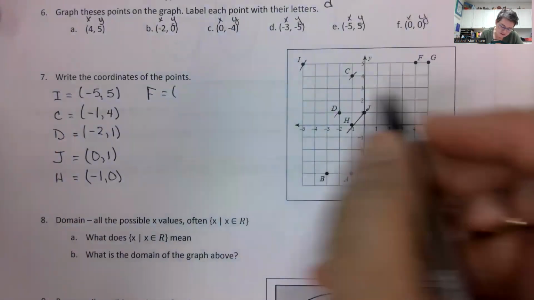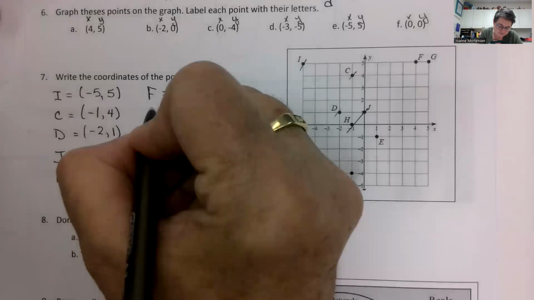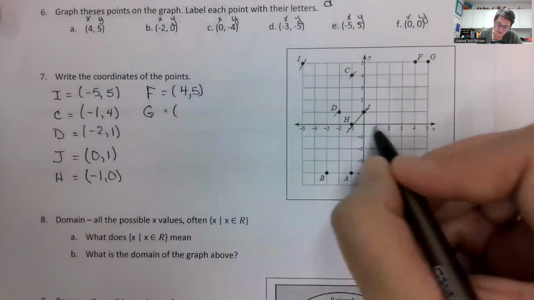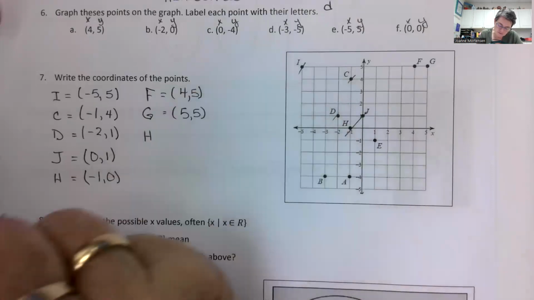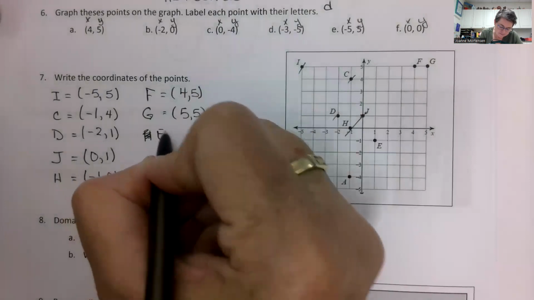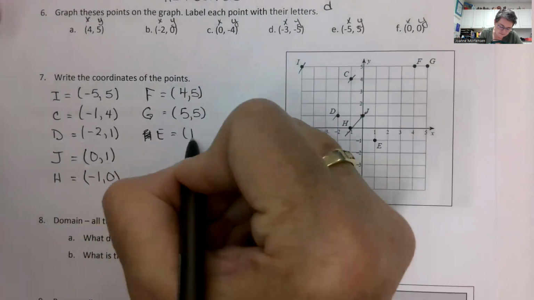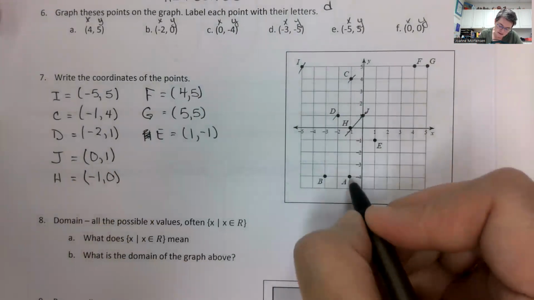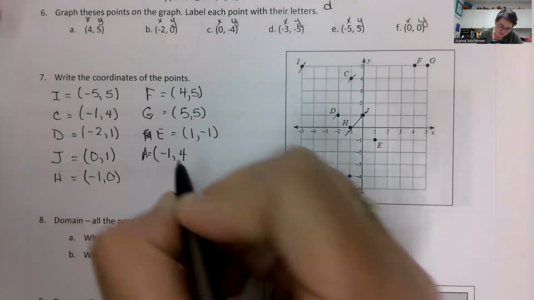So 4 and 5 is quadrant 1. G over here is 5 over, 5 up. And H. Now we need E. 1 and 1 down, so 1 and -1. And then we're going to go over to A here, which is -1, -1 and 4.